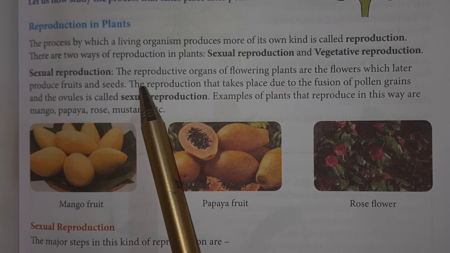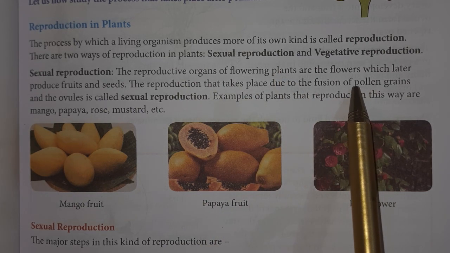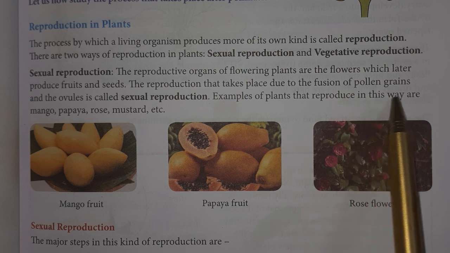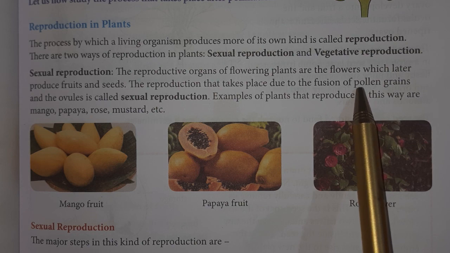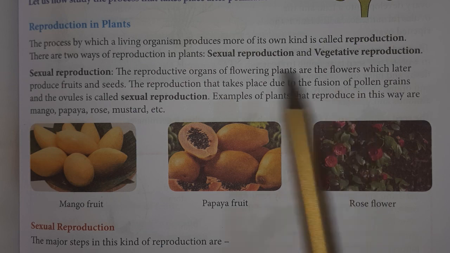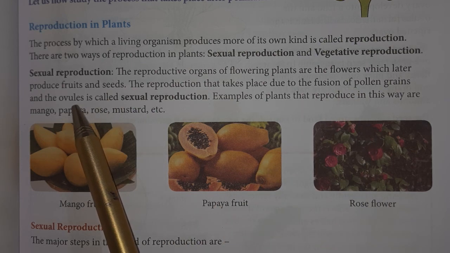In previous lesson 4, pollination, we know that pollen grains are male reproductive cells which are found in anther. Anther is a part of the male reproductive part of the plant, and ovules are found in ovary.